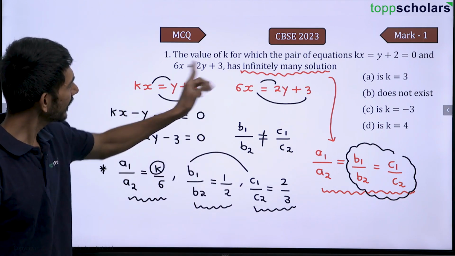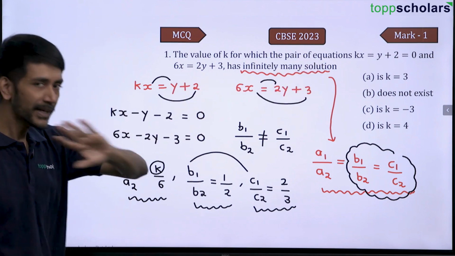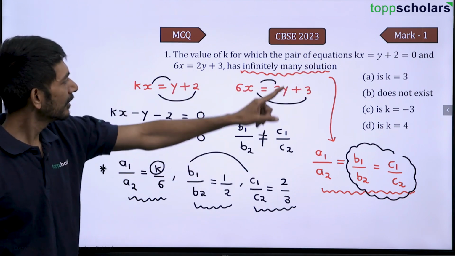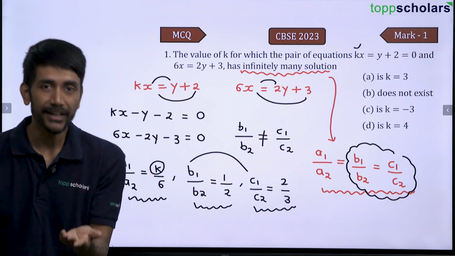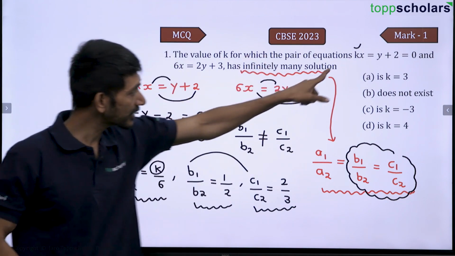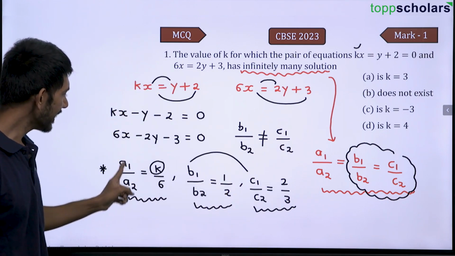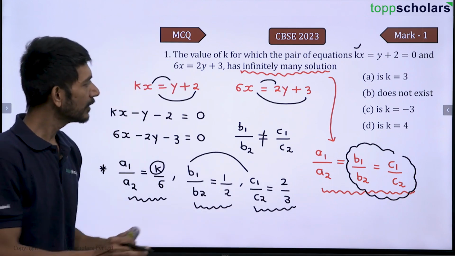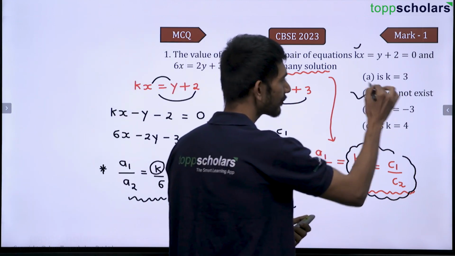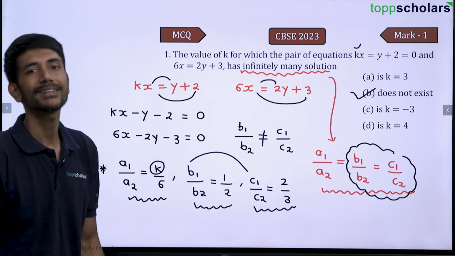That means definitely already these two lines, they don't have infinitely many solutions. So K is not going to help them in any ways to get infinitely many solutions because K you are observing is in A1 by A2 and the other two ratios are anyways not equal. So here the value of K does not exist basically. We cannot do anything here.